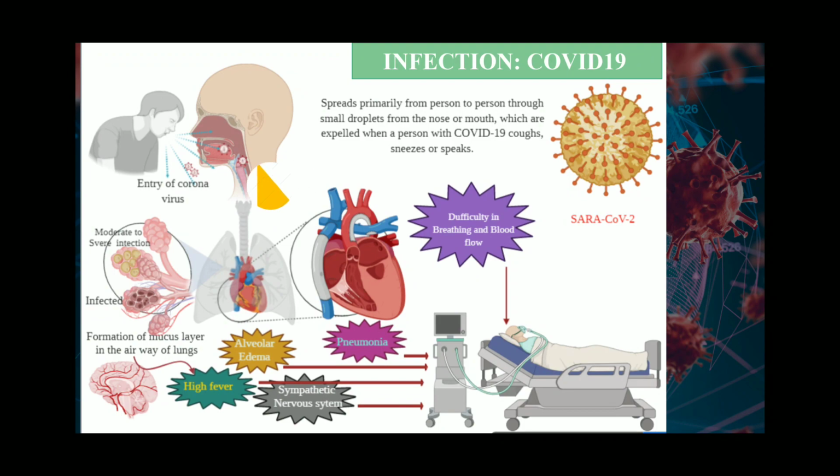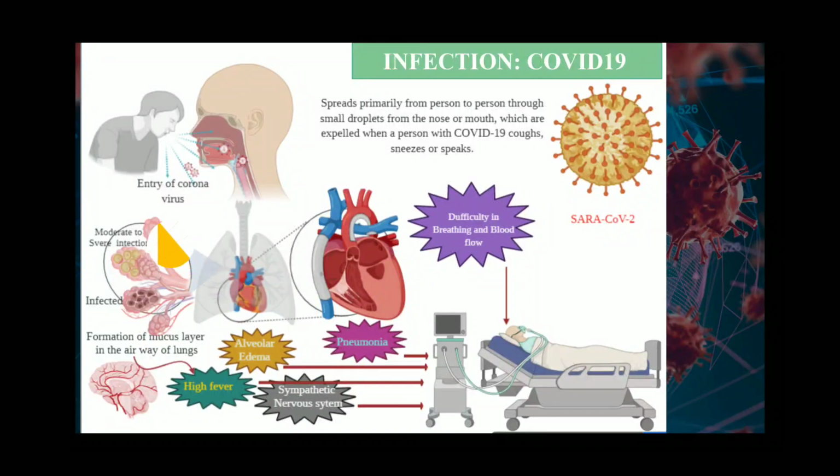When it enters our body, it goes to our lungs, and in our lungs it tries to form a mucus layer. Okay, this is the healthy one, and then it tries to infect. This is the infection occurred and it is totally infected.